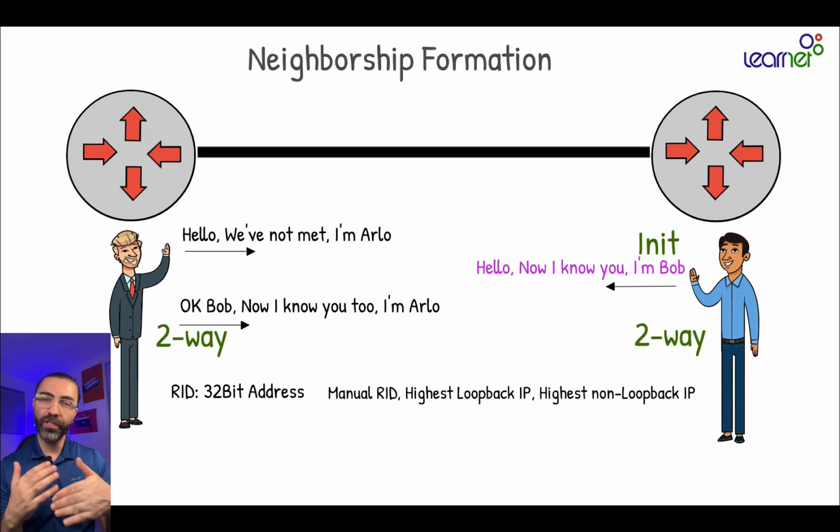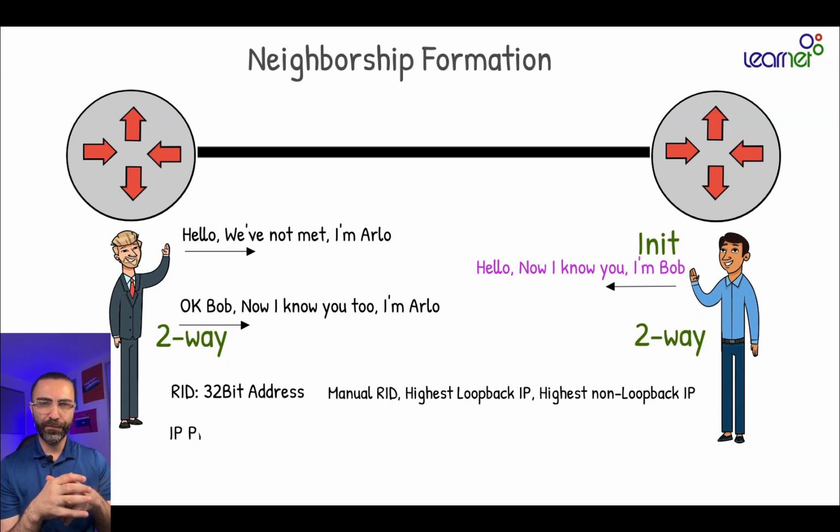And if you don't have any loopback interface on your router, it checks all the interfaces that are in up status, and again picks the highest IP address and selects it as the router ID. So router ID is an optional configuration. If you don't set it, the router will find something for itself.